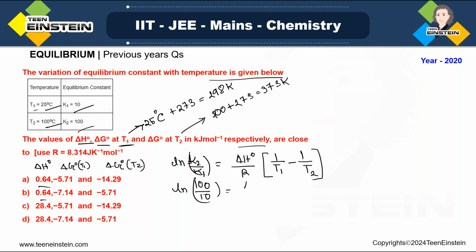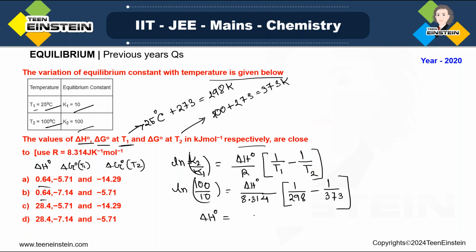Del H you do not know. R value you have to use. Don't use 0.082. It should be 8.314 because that is in joule. 1 by T1, T1 is 298. T2 is 373.